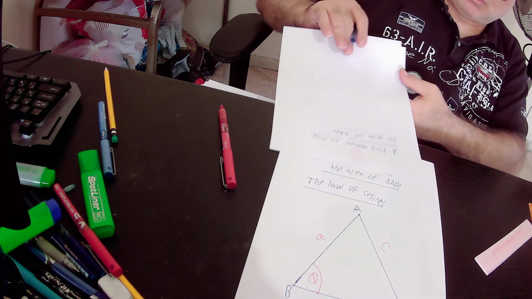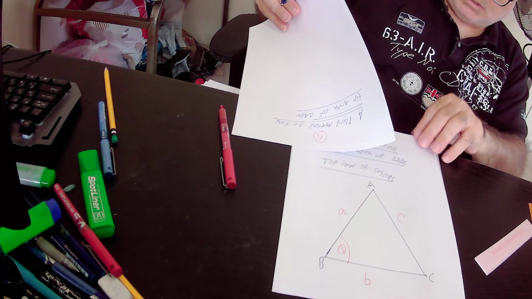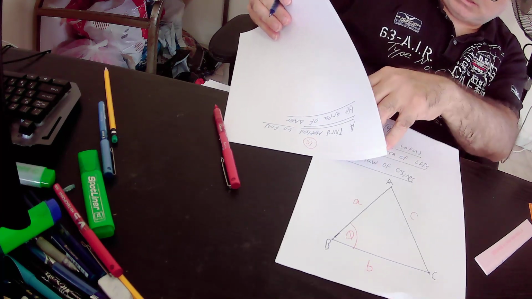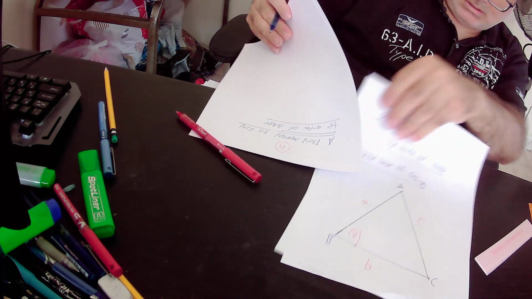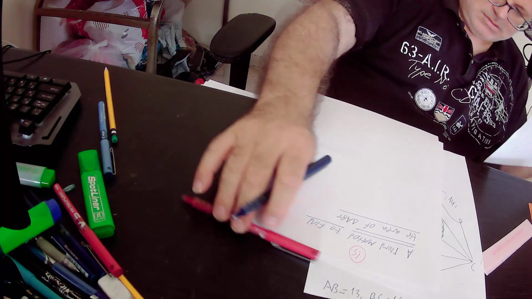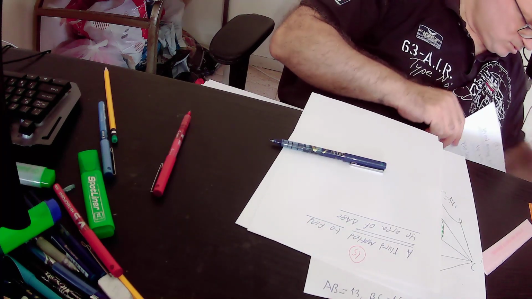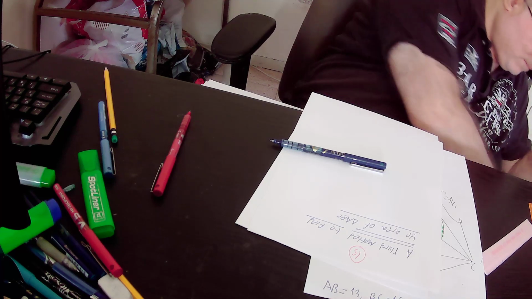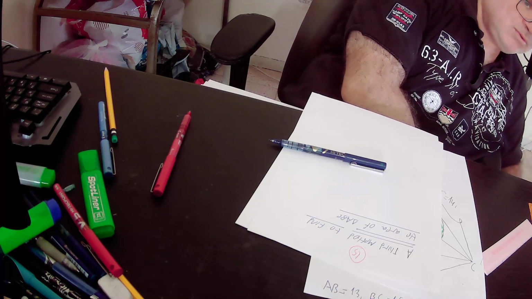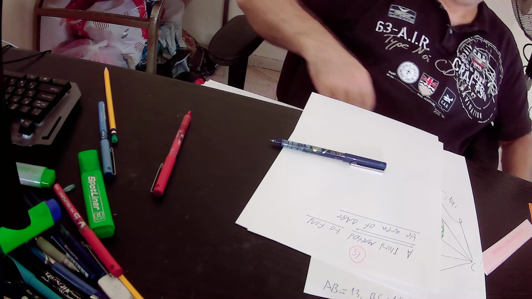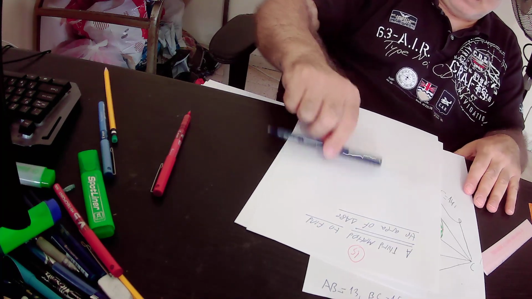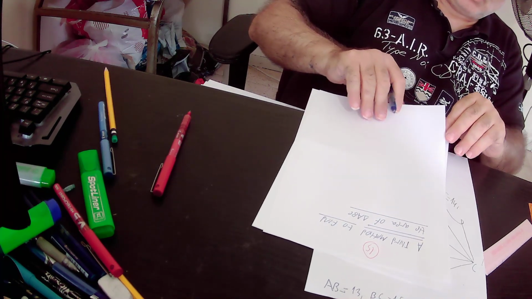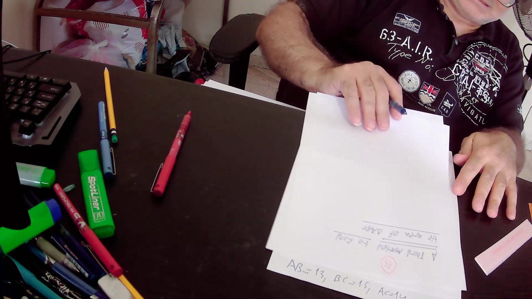Okay, so actually in this way we will divide triangle ABC into two parts. We will divide triangle ABC into two right triangles.